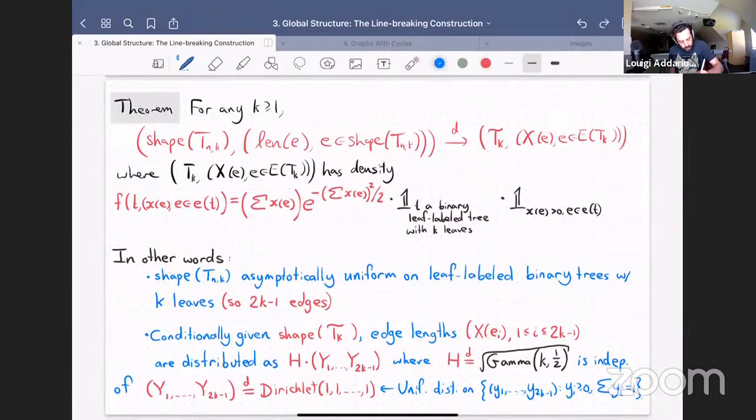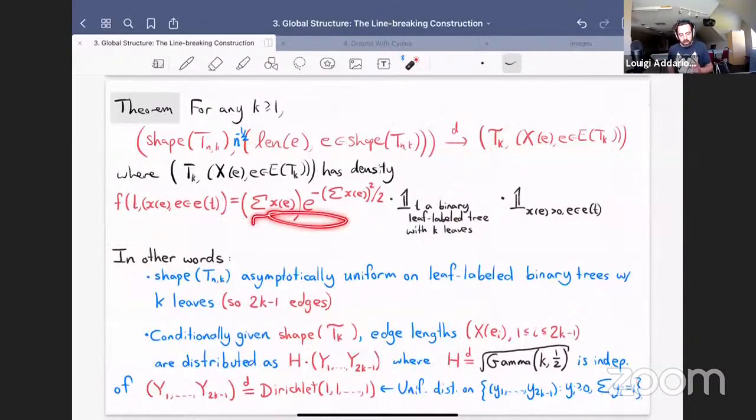I see I've made the same typo as last time. After rescaling edge lengths by n to the minus a half, to a random binary leaf labeled tree with edge lengths whose density is given by this expression.